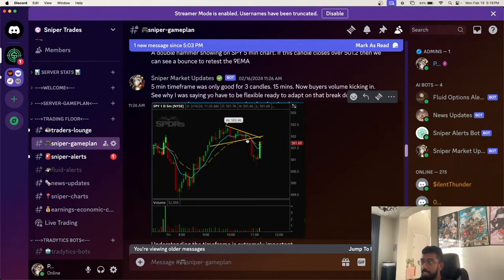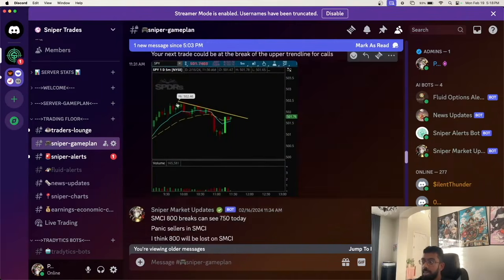This has been, let's not say invalidated, but it has been validated by your thesis that when it breaks down, it drops, right? That's essentially what it did. So now you still have this particular trend line which is ready to be broken out. If it does break out, you can catch a move.